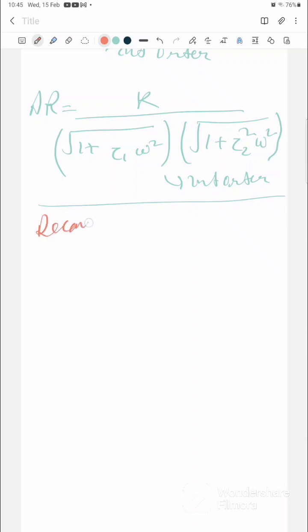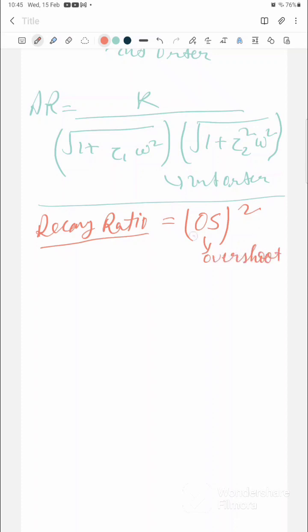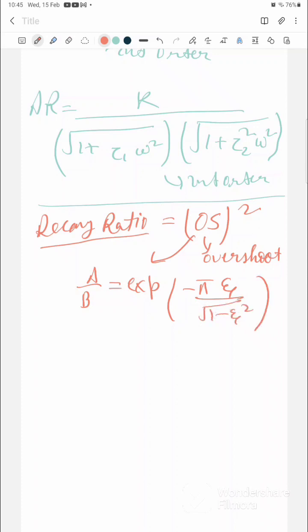Decay ratio is defined as overshoot square. The overshoot we wrote down just a minute ago, exponential of minus pi zeta by root of 1 minus zeta square.